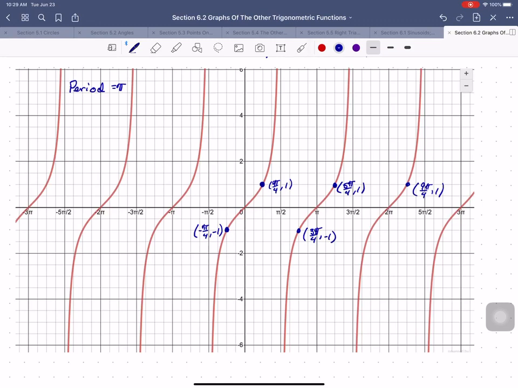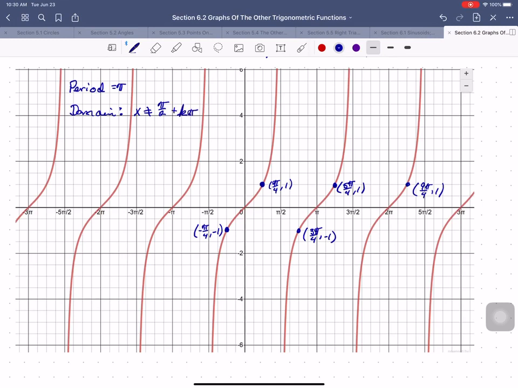We can't really talk about the amplitude of the tangent function because there's really no amplitude to be seen, right? We can talk about a vertical stretch and a horizontal stretch, and I'll explain that to you in a minute. The domain of the tangent function is all x's except for pi over 2 plus k pi.